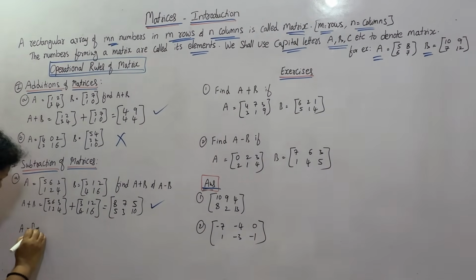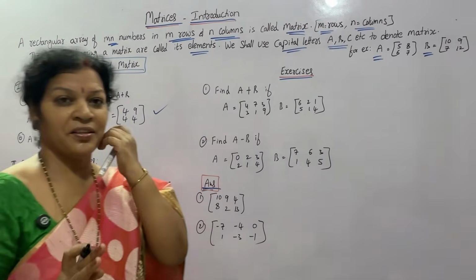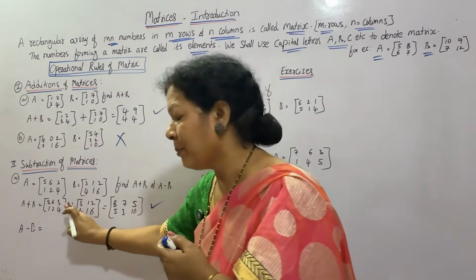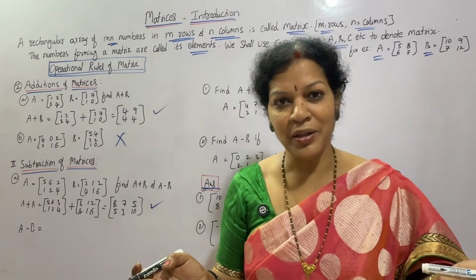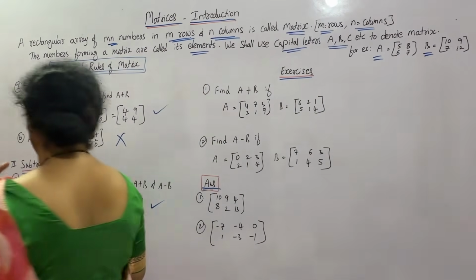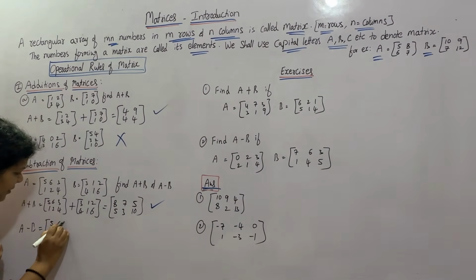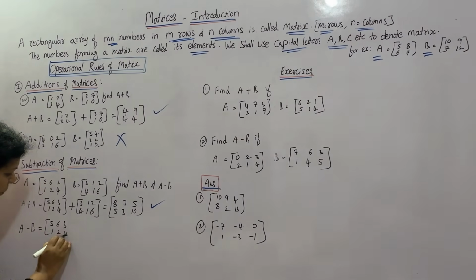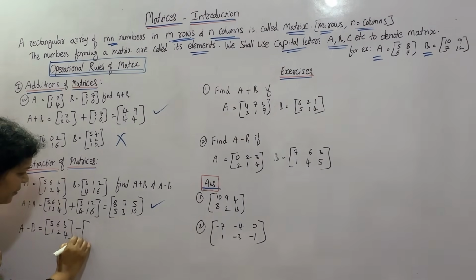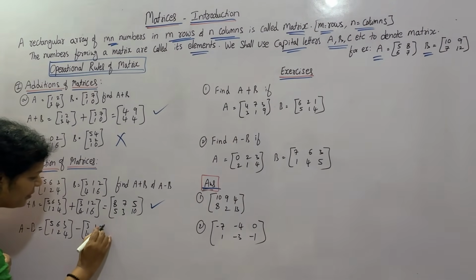Now in the same way, A minus B. Same problem. Once again, we write the same A elements minus B elements. Can we do it directly? Yes, we can, but there is a procedure that we are following. A elements: 5, 6, 3, 1, 2, 4 minus 3, 1, 2, 4, 1, 6.